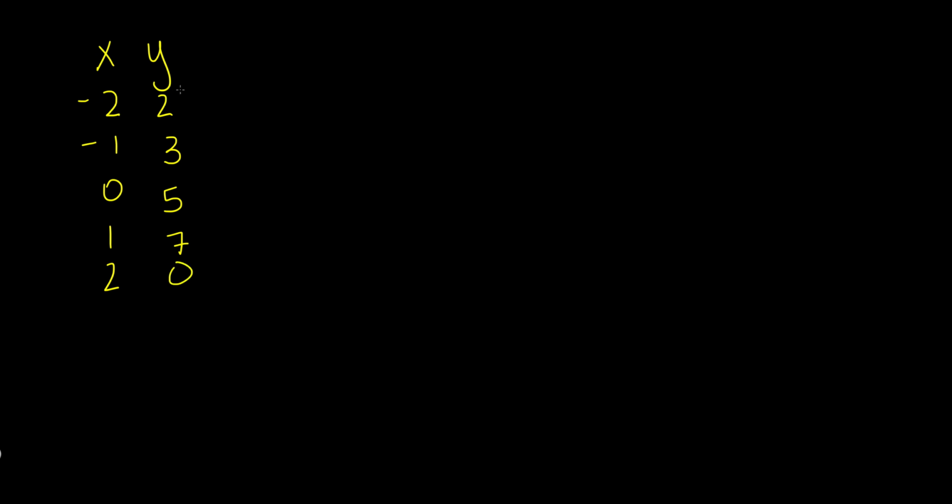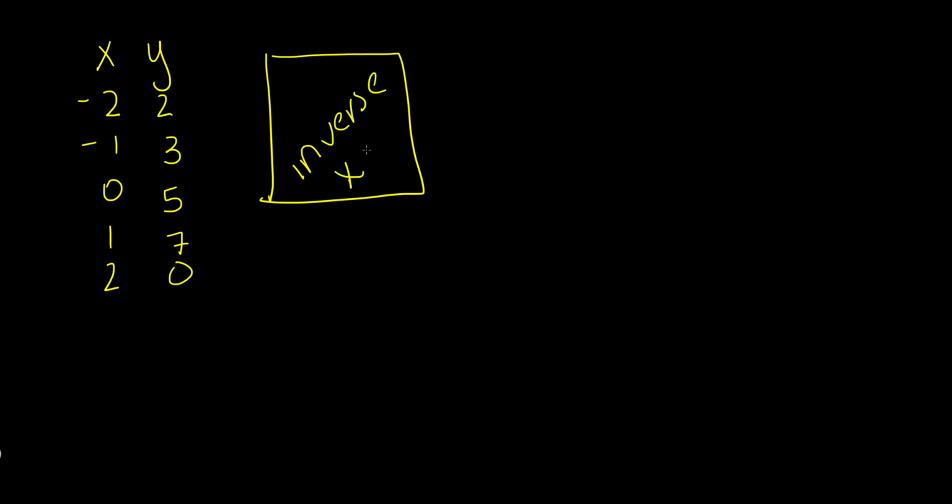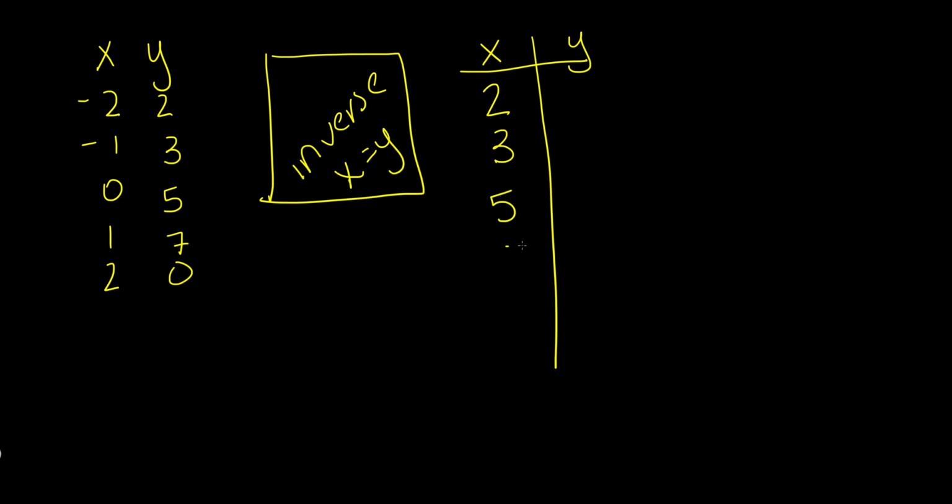If I put this through an inverse box, where your x's become y's and your y's become x's, all these y values then became x, and all of the x values now become the y.